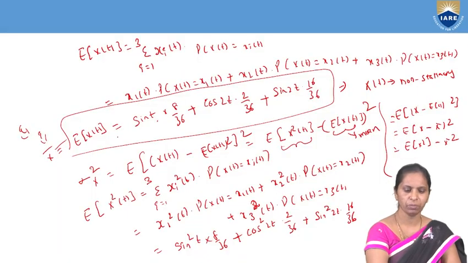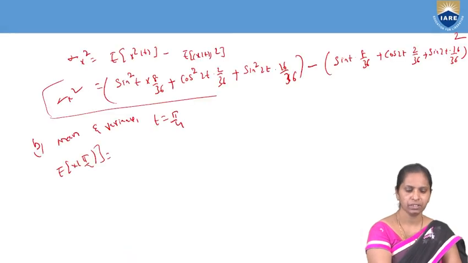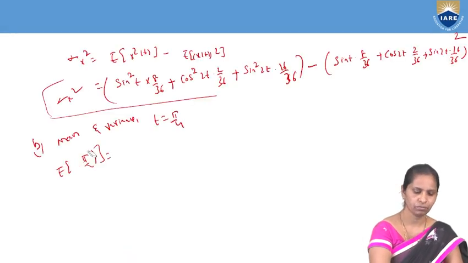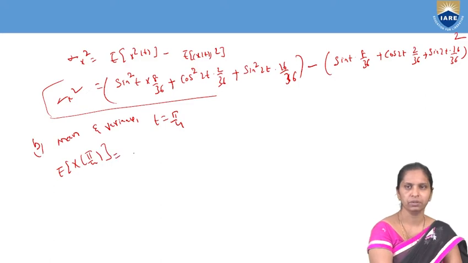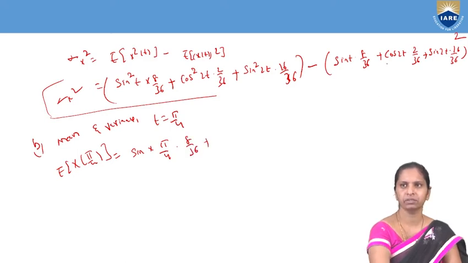So what is the mean formula here? Sin t into 8 by 36, plus cos 2t into 2 by 36, plus sin 2t into 16 by 36. So in place of t, what do I substitute here? Pi by 4. Then what is this value? Sin pi by 4 into 8 by 36. Wherever t is there, substitute the value.